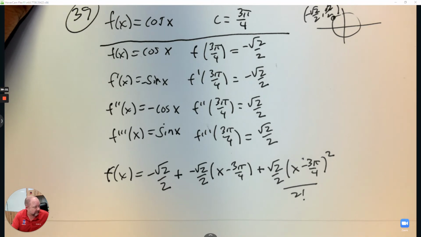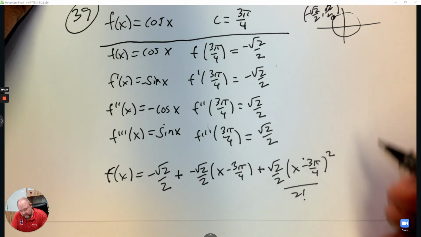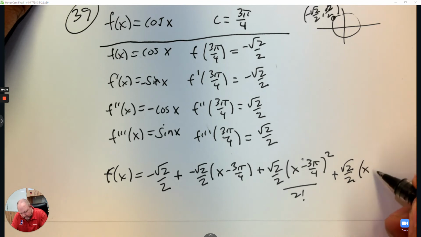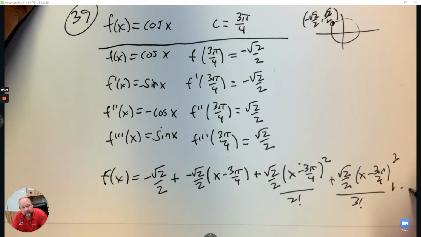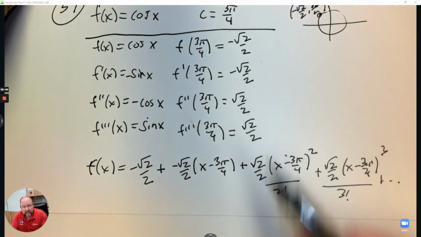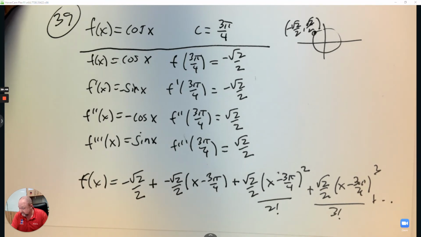Make sure I'm doing it right. The next one would be root 2 over 2 x minus 3 pi over 4 to the 3 over 3 factorial, and I'm good from there. And that's a Taylor polynomial centered at 3 pi over 4, knowing your unit circle. That's a good question right there.